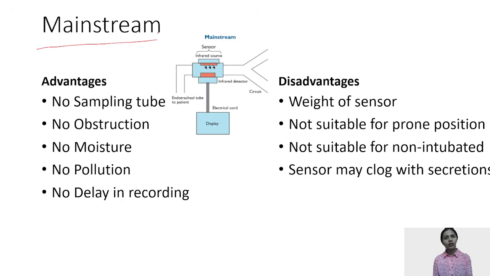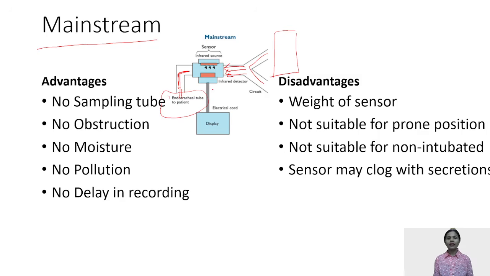As the name suggests, suppose this is your patient, and the patient is intubated. This is your endotracheal tube, this is your ventilator, and this is your circuit, and your air or the inspired oxygen and anesthetic gases are coming from here.